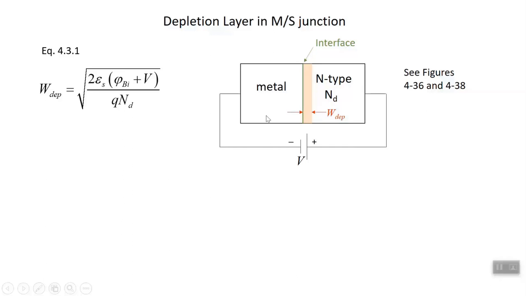And for metal, the carrier density is orders of magnitude larger than it is for semiconductors. So the depletion width would be negligible anyway, less than a monolayer. So that's why we consider the depletion layer to be entirely in the semiconductor with the width of delta sub depletion. We derived this expression, and now we're going to make some use of it.